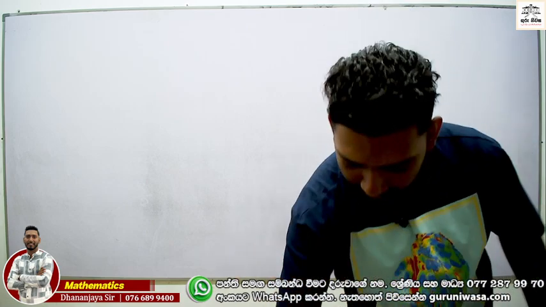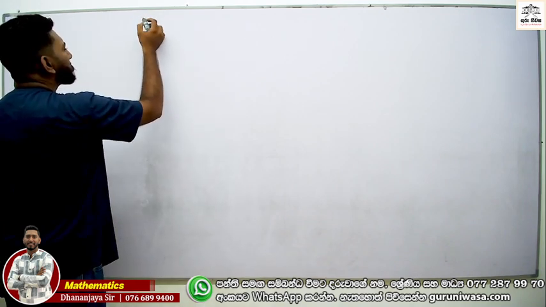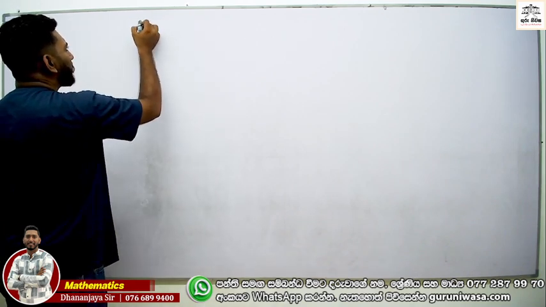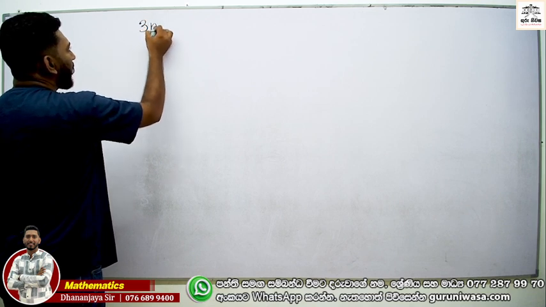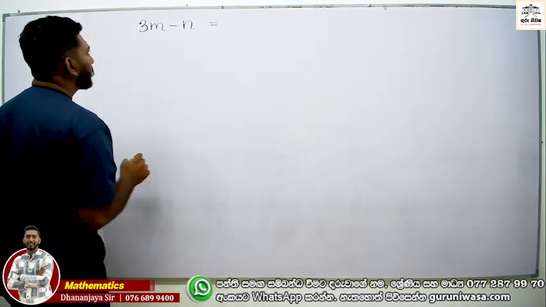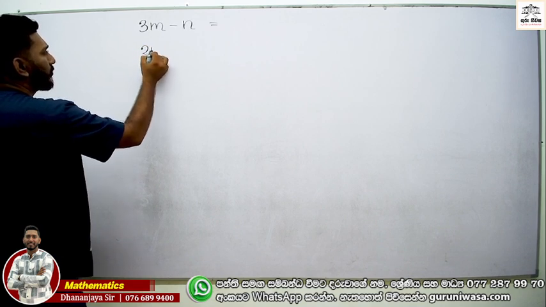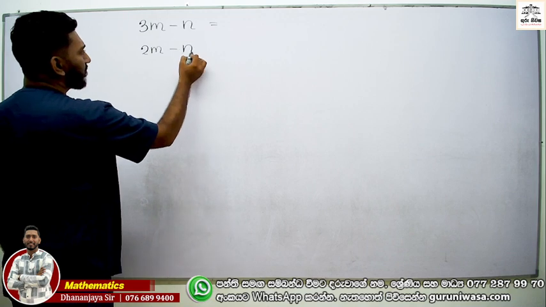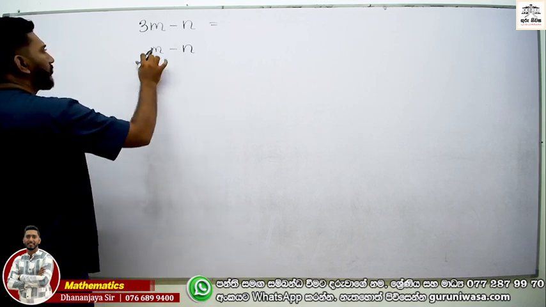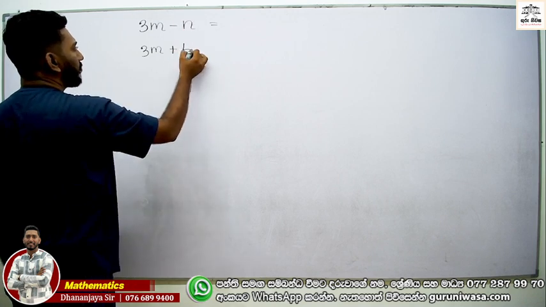Right. Like this. The question: 3m minus n equals 2m minus n or 3m plus 4n.